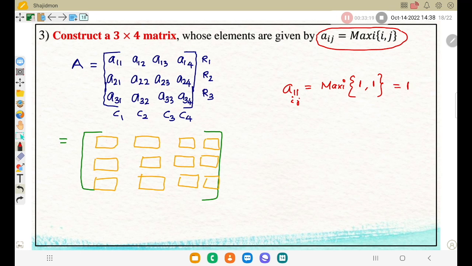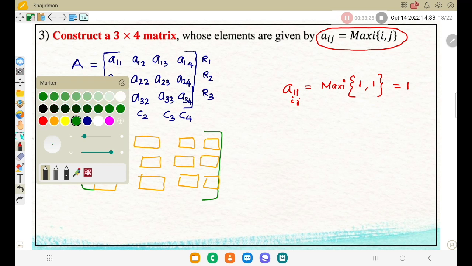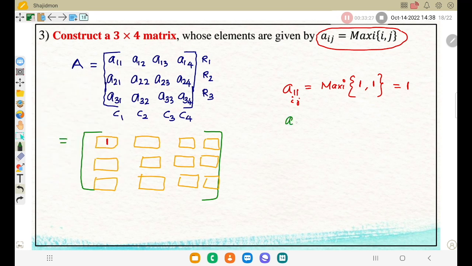So the first number we got is 1. Now next we go to A12, so that you will understand more. A12, i is 1, j is 2. So maximum of 1 comma 2, which is the bigger number? 2. So we can write here the second number, 2.